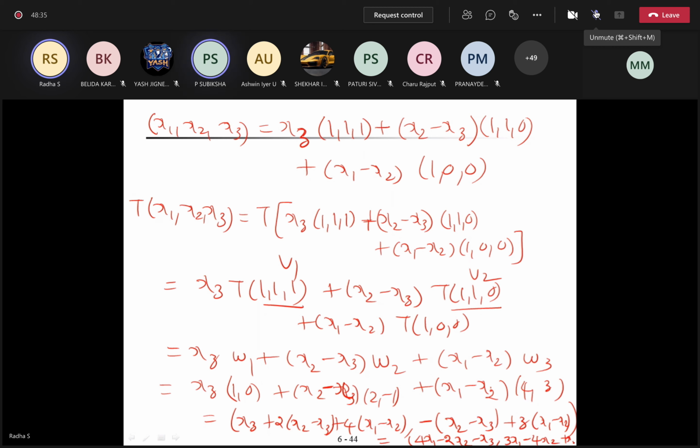So can you please find now again T of (2, -3, 5)? Tell me what is the answer.